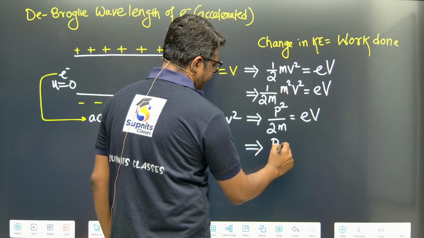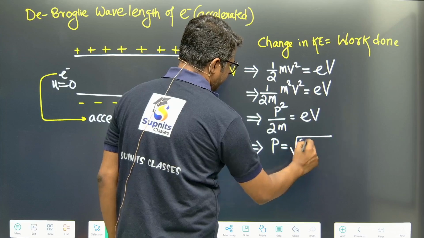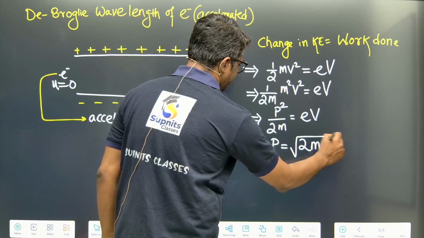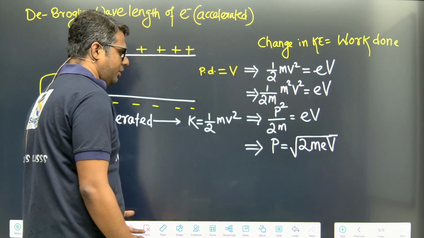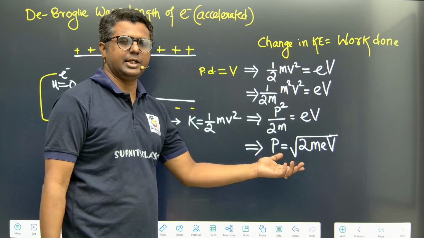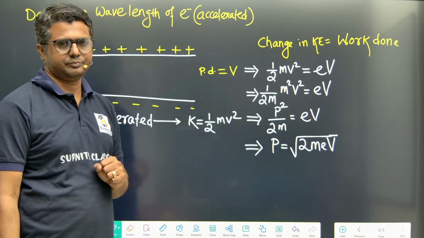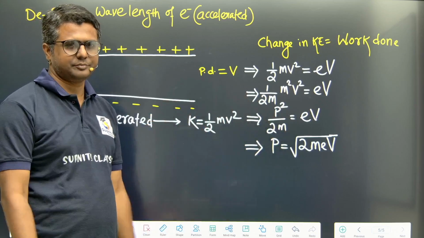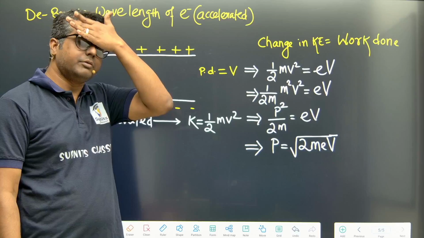Now p will come out to be root over 2meV. This is another formula for the momentum gained by the electron due to the potential difference applied on it. I hope this is absolutely clear to everybody. Clear? Okay. Now what's next?